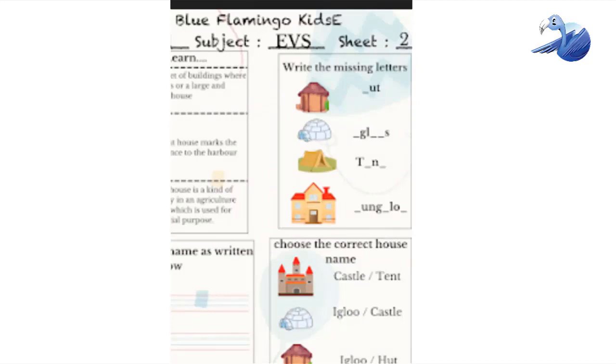Next picture is tent house. This is not a permanent house, this is a temporary house. And the spelling of tent is T-E-N-T. Tent. Next, which type of house is this? This is a type of multi-storey, expensive house we know as villa, bungalow, pakka house.